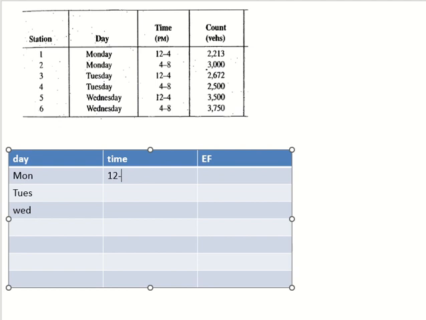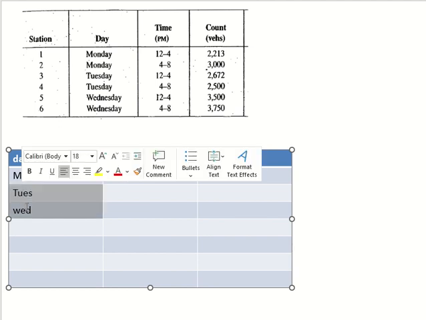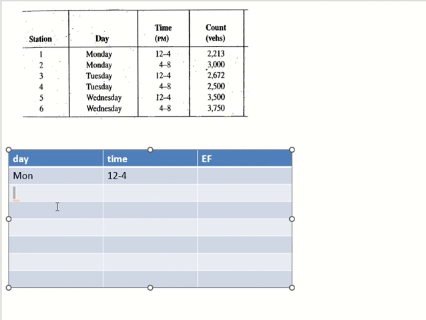Time 12 to 4. Then 4 to 8. Same thing for Tuesday. And same thing for Wednesday.